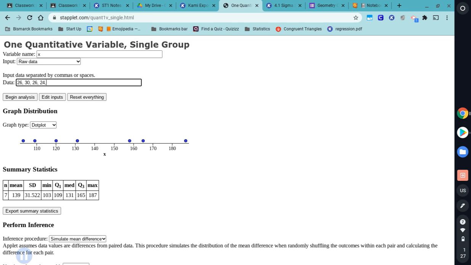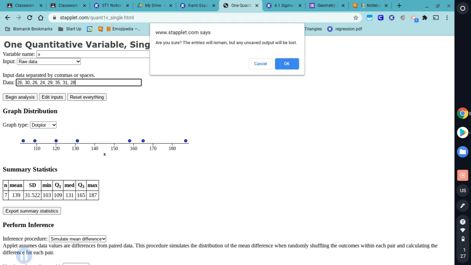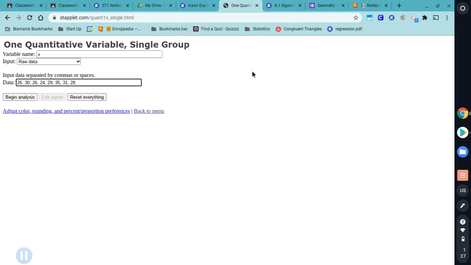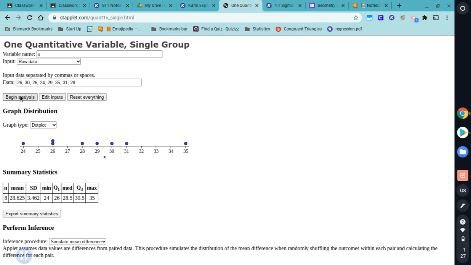And it is important that you keep these in the same order that the x's were in. .6 and 3.5.